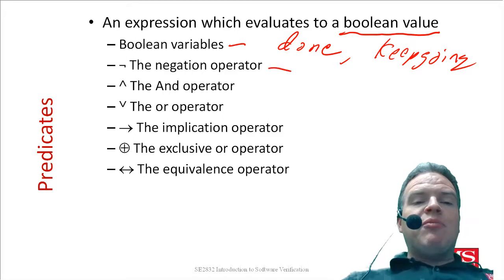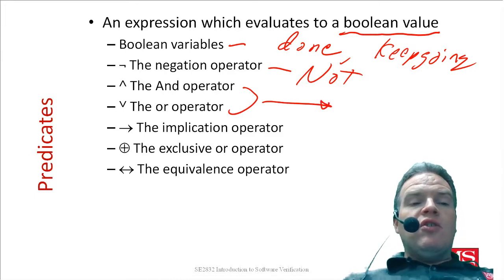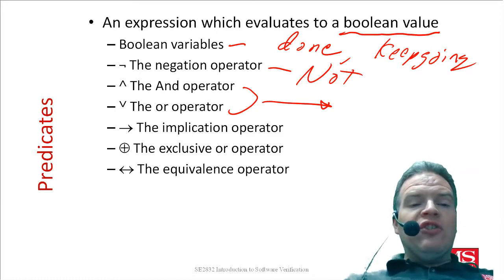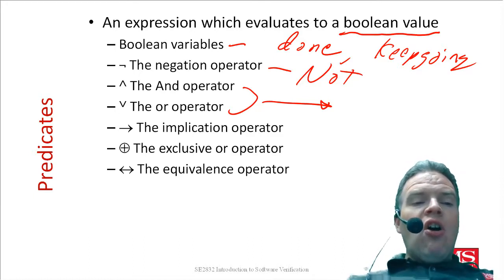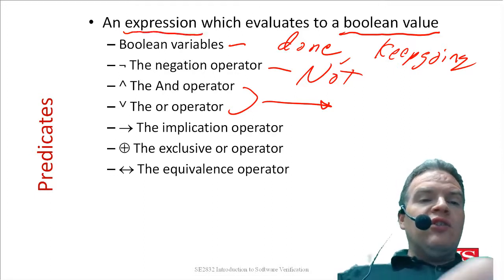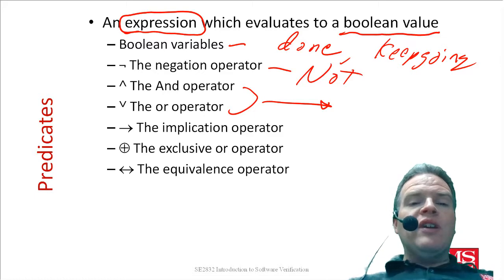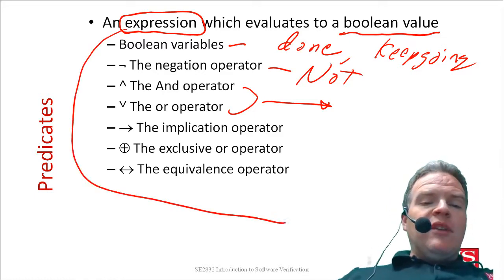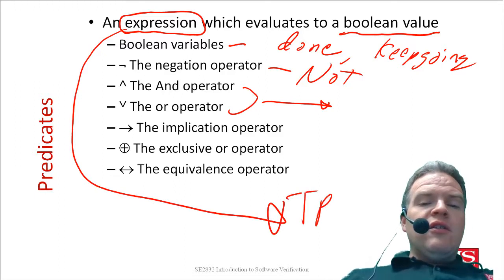The negation operator, the not operator, and an or operators, that's a predicate. The implication, exclusive or equivalence operator. All of these things essentially are expressions which evaluate to a Boolean variable. We can think about these expressions as being something that we have a truth table for.